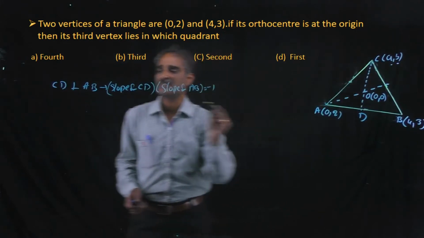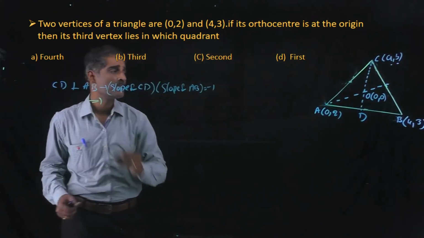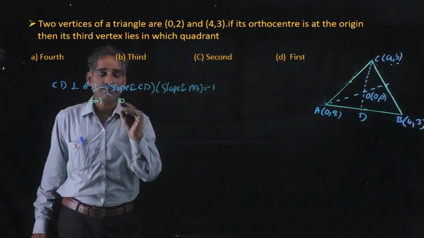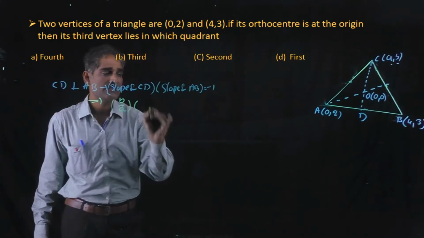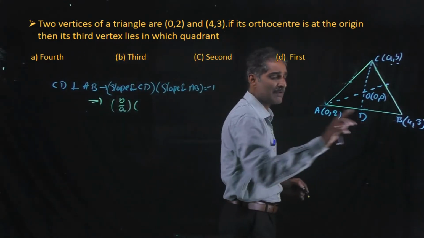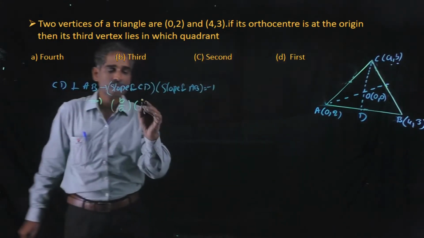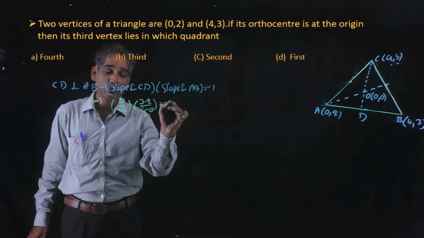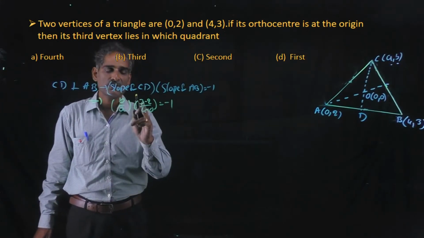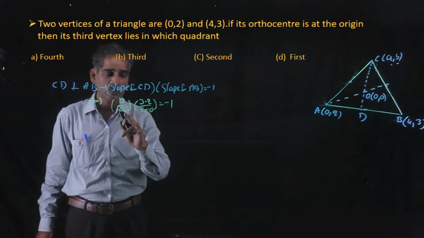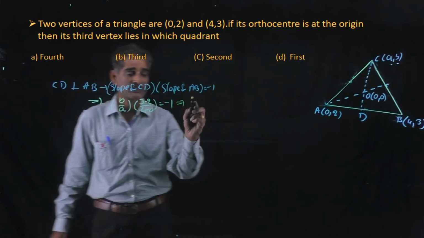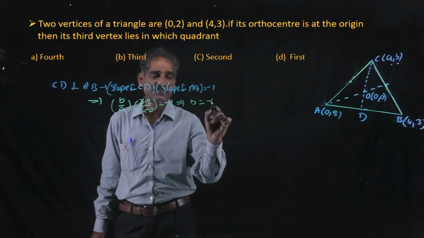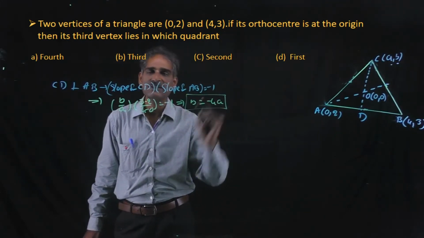The slope of CD is (b minus 0) by (a minus 0), that means b by a, into the slope of AB, (3 minus 2) by (4 minus 0), that is equal to minus 1. Okay, 3 minus 2 is 1, so b is equal to 4a into minus 1, that means b is equal to minus 4a. This is one relation in terms of a and b.